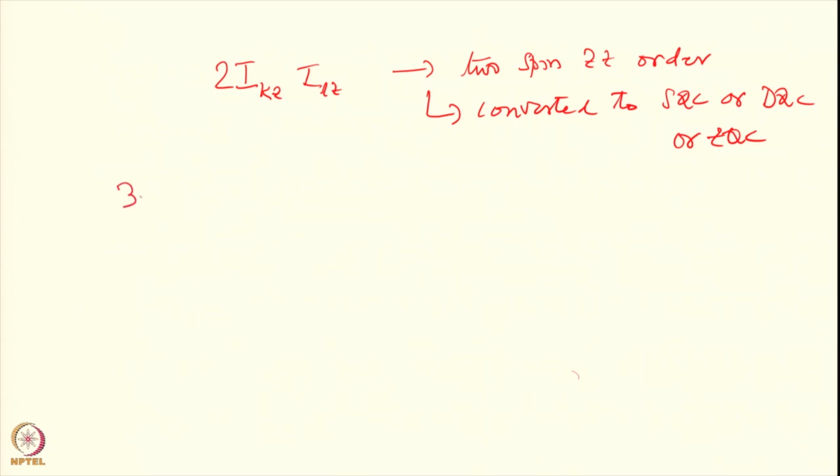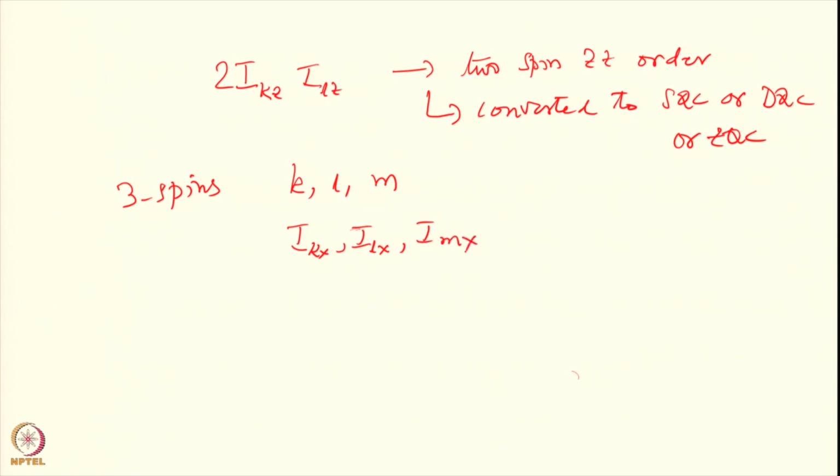Now let us consider what kind of things can happen for 3 spins. Again, let us say these spins are K, L, M. Suppose I have 3 spins, then I can have terms like IKX, ILX, IMX.